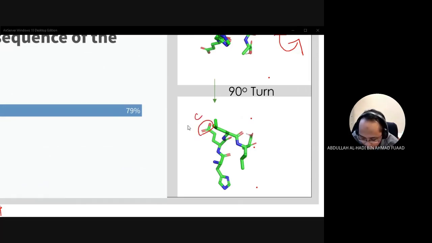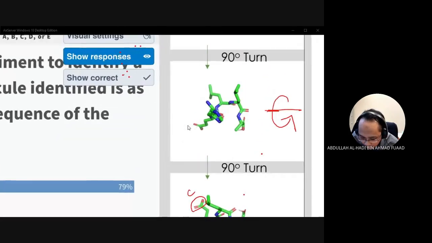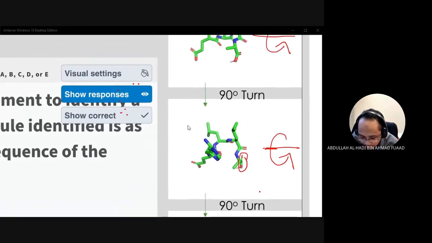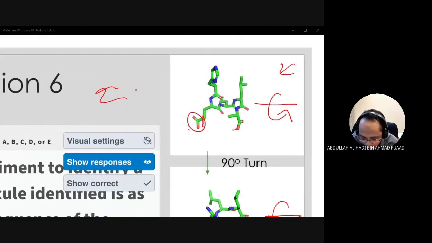And if you scroll up a little bit, you also notice there's another carboxyl over there. So the first image is showing you that there are two carboxyls. So now you know either one of these two is the carboxyl.